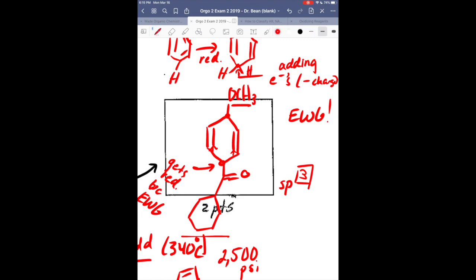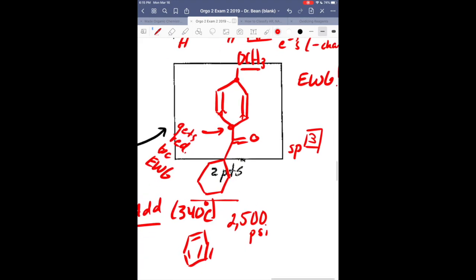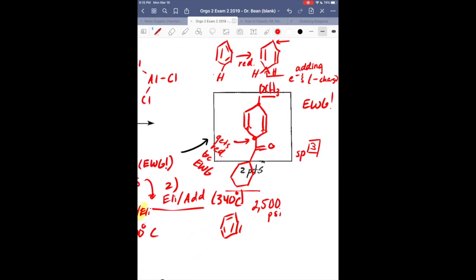But if you had the option to make the electron donating group on an sp2 carbon, that would be even better. Electron donating for dos, sp2, but here you make your priority the electron withdrawing group.